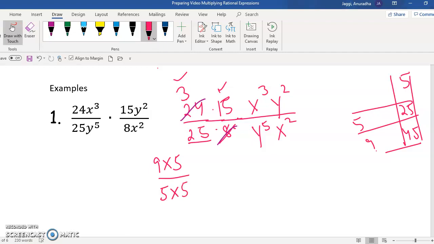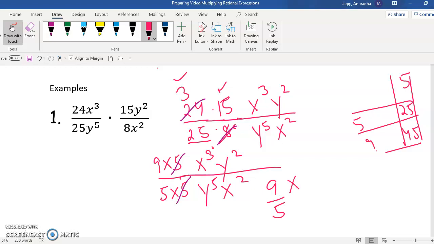Okay, now the numbers are taken care of. I will now take care of the exponents using the exponent rule. Y to the power 5 and x squared. Okay, so I can cancel out this 5 and 5. I'm left with 9 by 5 like I got before. And using the exponent rules now, I have 9 by 5 x to the power, this is a 3, and then there is a 2 in the denominator, so 3 minus 2.